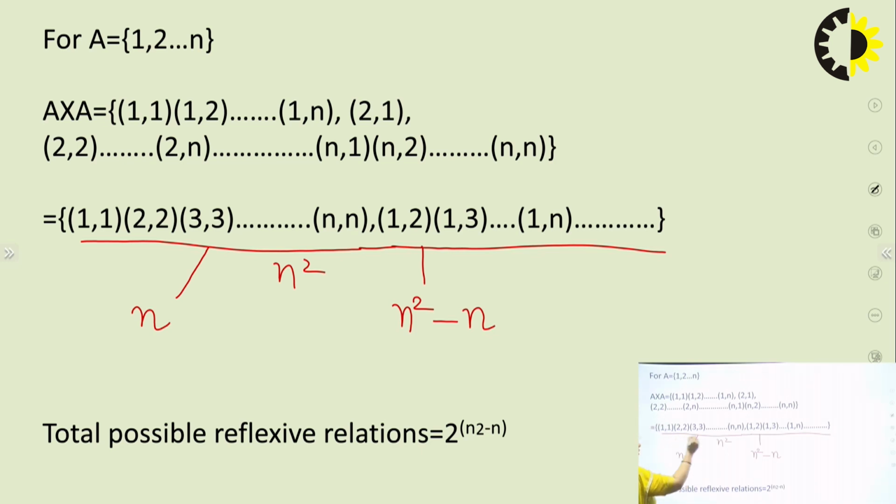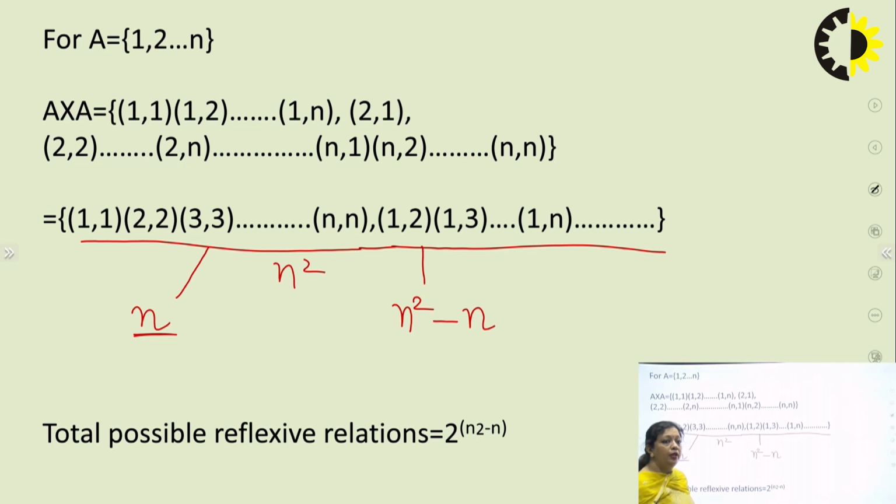Now, if I look at these diagonal elements, how many choices do I have for them? I have only a single choice, that is, I'll have to include them in my relation in order to have a reflexive relation. Now, for the remaining n square minus n elements, how many choices do I have? I have two choices.